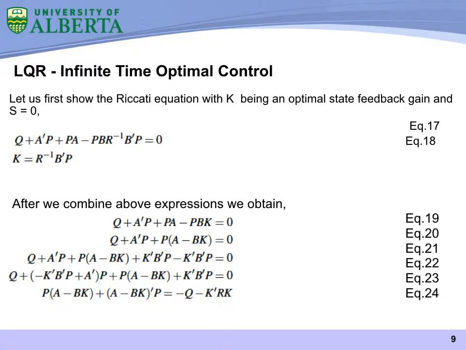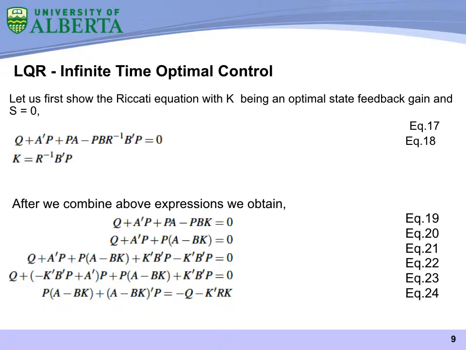And now we group P A minus B K. Here we add K transpose B and we subtract, so nothing changes. When we factor this out, this becomes Q plus all of this, P times A minus B K plus this. Finally, P A minus B K plus A minus B K transpose P is equal to negative definite.